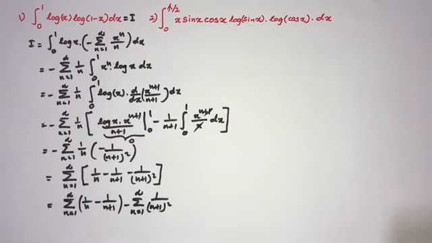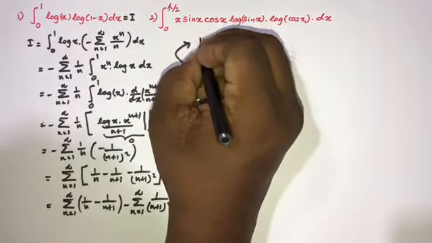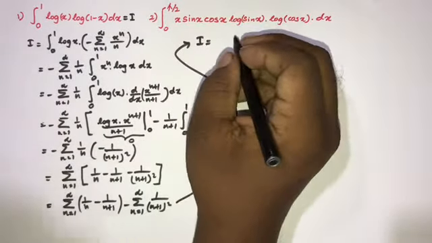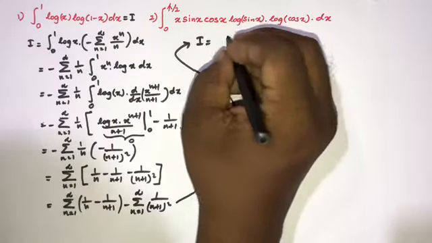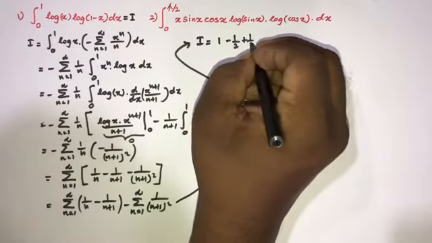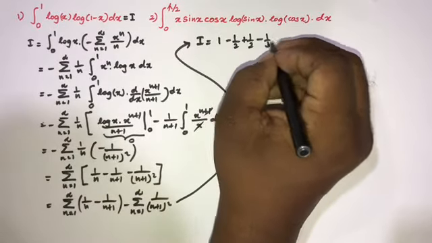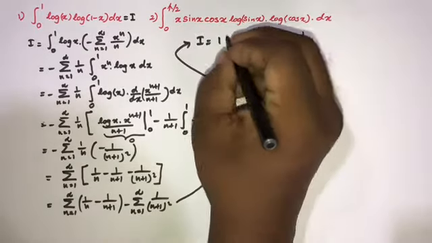Well, now I'm going to plug the value, so we can write now I is equal to here if we plug in 1, we know 1 over 1, so 1 minus 1 over 2. Then if we plug in 2, so we can write this is 1 minus 1 over 2 plus 1 over 2 minus 1 over 3 plus 1 over 3, then minus so on.